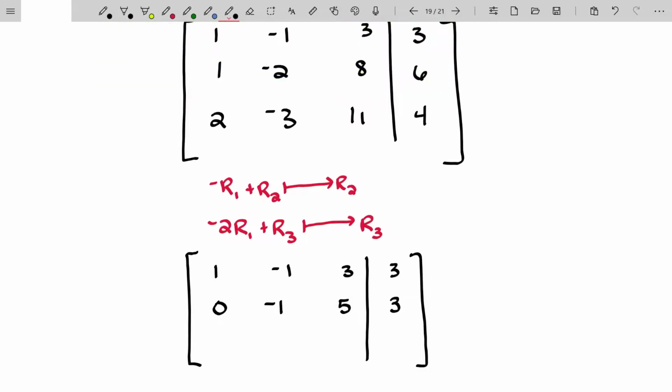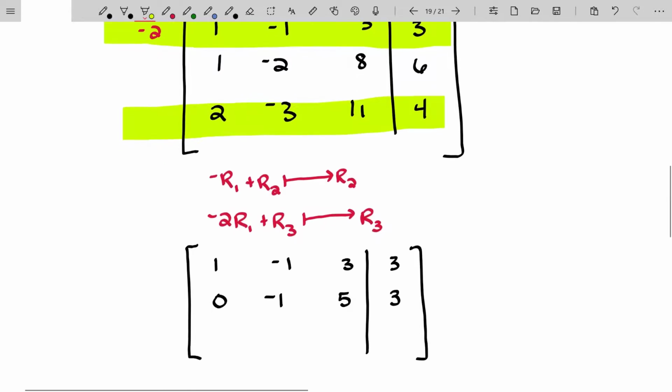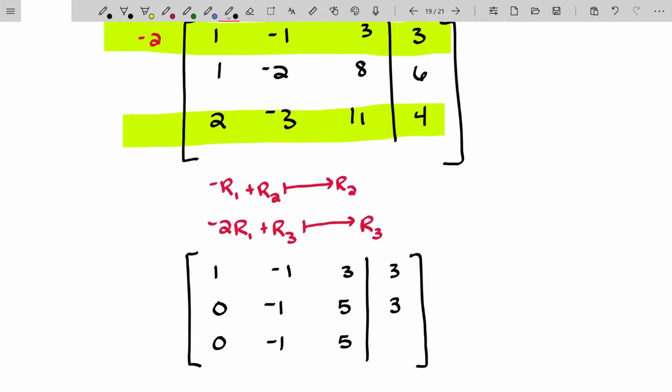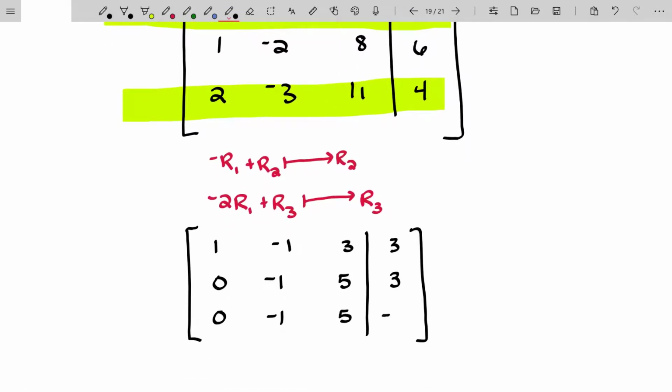And now I'll go ahead and take -2 times this top row and add it to the third row. So that'll be -2 plus 2, which is 0. That'll be a +2 minus 3, which is a -1. That is a -6 plus 11, which is a 5. You can see, by the way, these are aligning, right? You can see that bottom row looks to be becoming the second row. And then -6 plus 4 is a negative 2. Well, they're not identically the same row, are they?